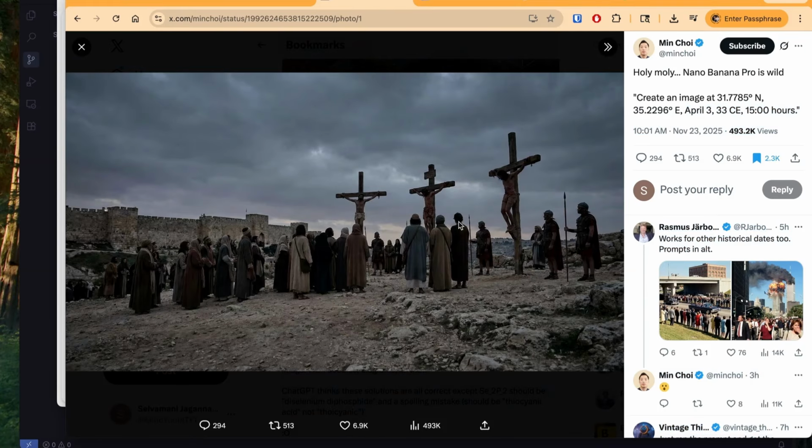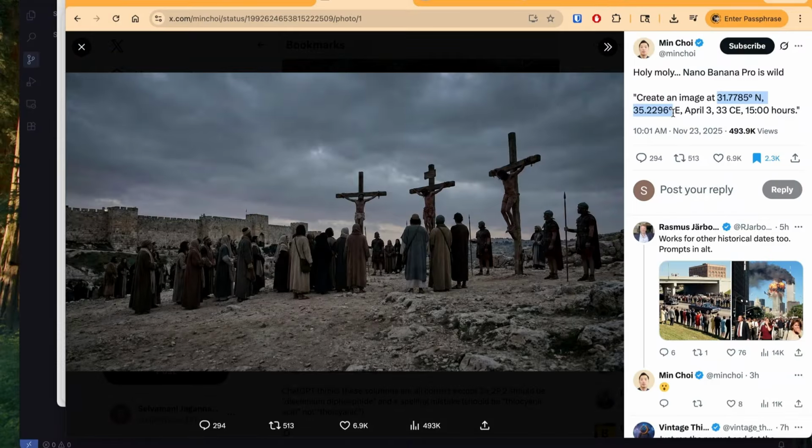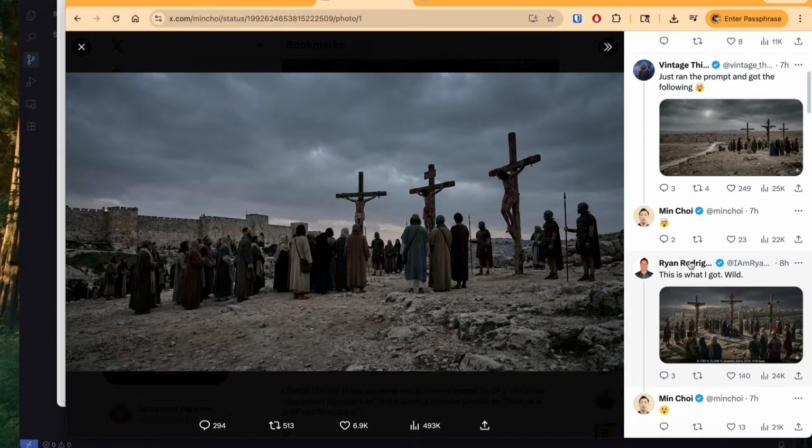It's amazing. So it just takes you to that era, right? And I also saw that a few other people generated this. This is not even a real picture. Someone just gave the coordinates and this is happening. I really like this feature where you could give a coordinate and see what happened at that time.